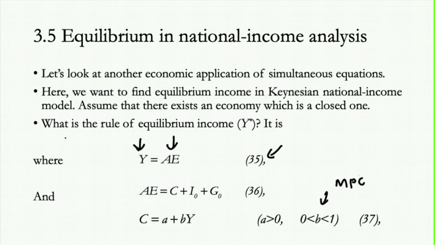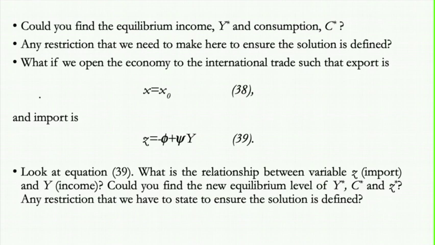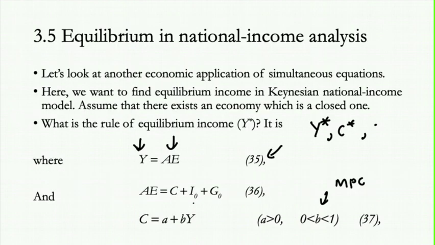Now, the question is, we need to find equilibrium income and also equilibrium consumption. These two are important. We need to find them because I and G are autonomous. To find Y star and C star, you substitute C back into this, and then the whole thing back into this.